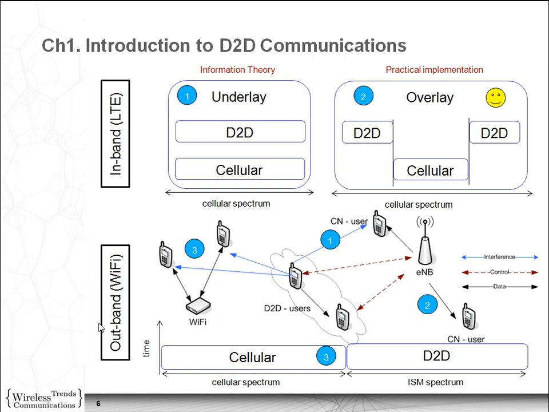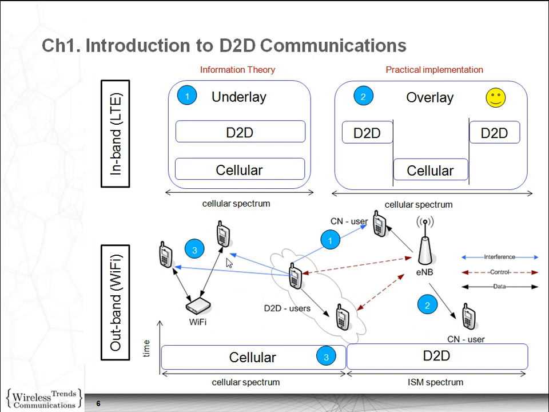The usage of out-of-band is also very interesting, because that means that we can have a control plane also handled by the base station, but the communication is actually occurring in an ISM spectrum. That means that, for example, we can have these devices here controlled by the NOV, but the communication is actually occurring in some Wi-Fi band, for instance.